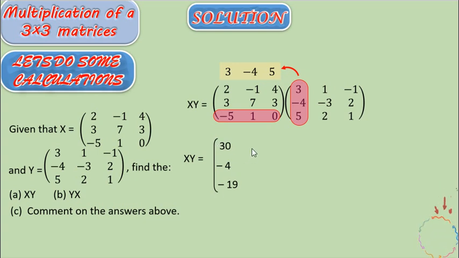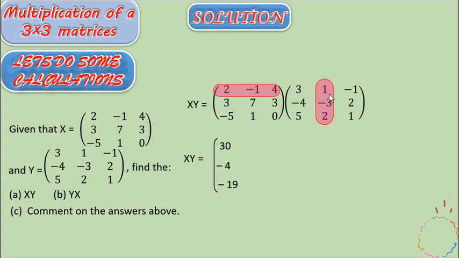We're going to move to the second column now. For the second column, we have row 1 multiplying column 2. Following the same method, turn this one to a row at this point. Now we do the multiplication as we have done. 2 will multiply 1, minus 1 will multiply minus 3, and 4 will multiply 2. If you do that, the answer you will get is 13.